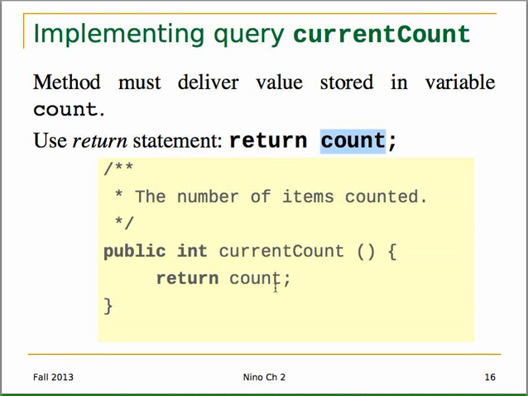In this case, they're exactly the same. Count is an int, and you're supposed to return an int, so it's just fine. If you said count times 2.0 here, that would not work, because count times 2.0 would be promoted to a double, and you cannot return a double if you have an int return type. So in this case, nice and simple: count is an int, you return an int, and everything just works.